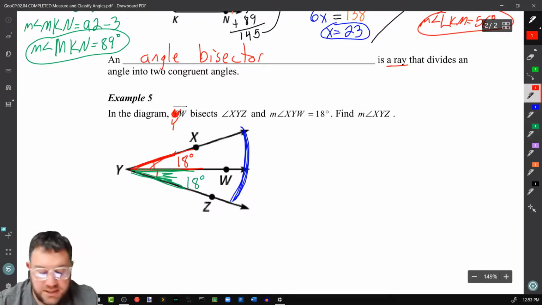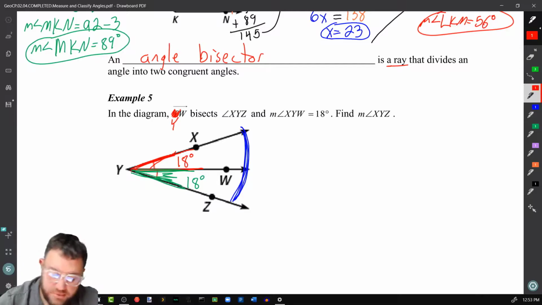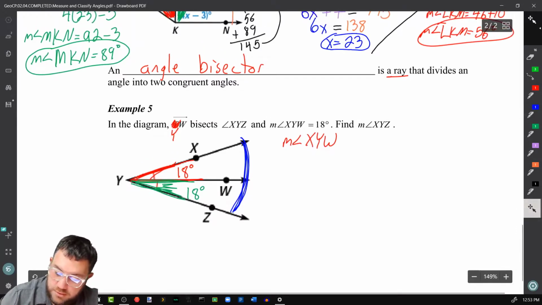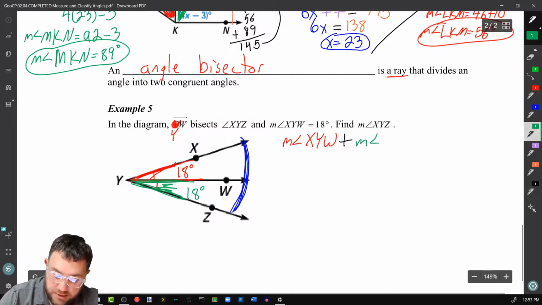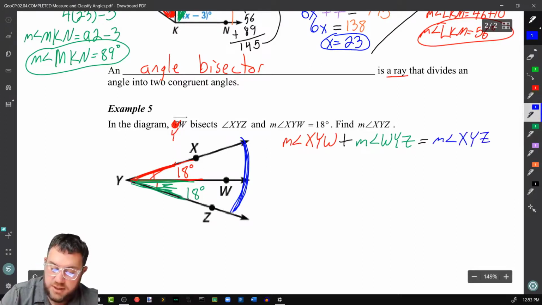Now, even though this is a much simpler problem than the last one, I'm still going to write out my setup. So small angle XYW plus small angle WYZ equals whole thing, the big angle XYZ.